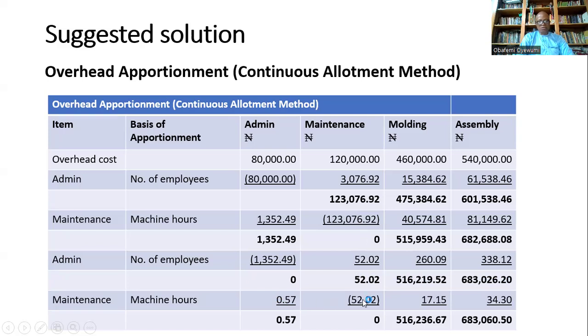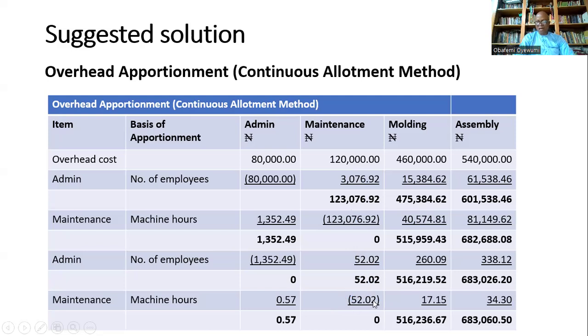The next thing is to go to the fourth level of apportionment. So that's why it is called continuous allotment method. You keep on sharing until everything has been reduced to 0. In this case now, you are going to share 52 naira. Now it started from 120, it moved to 123 and then reduced to 52, and that 52 we are sharing to the different centers.